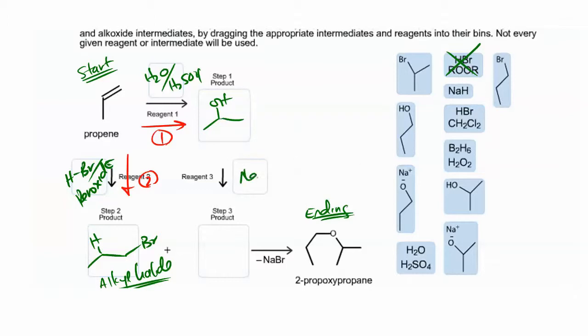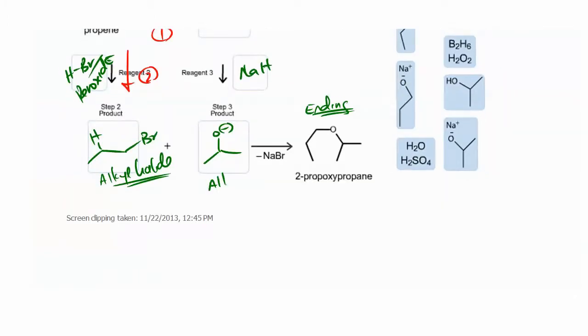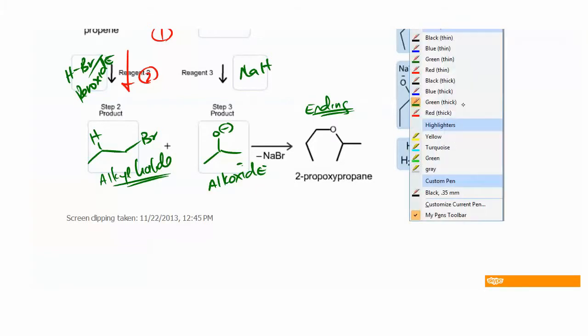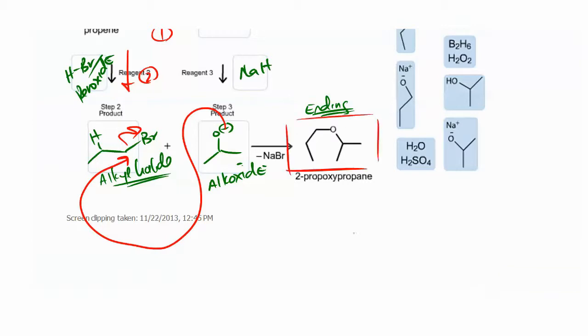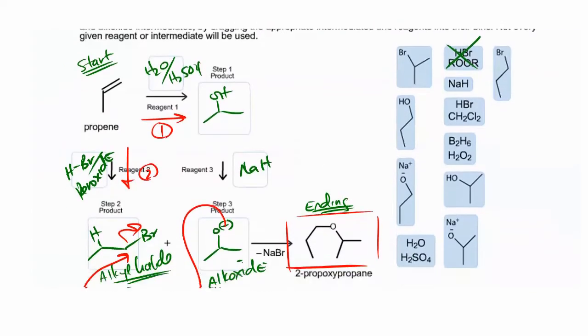In this case, we can use NaH, and that's going to form this alkoxide. Then we're going to get an SN2 occurring between these two, generating this product here. That's how this reaction will occur.